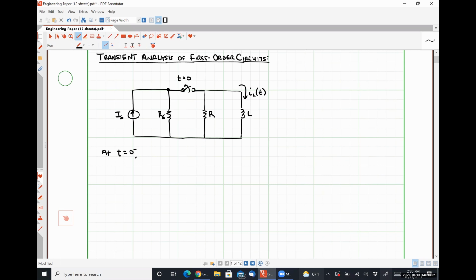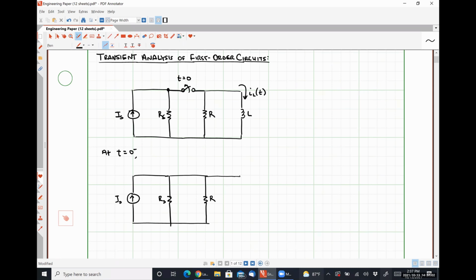And so we simply have that current source IS in parallel with that resistor RS, in parallel with that resistor R, and in parallel with that inductor L. So if we drew our circuit model for this specific point in time, it would look something like this. We have IS, like I said, in parallel with RS, in parallel with R, and it's going to be in parallel with that inductor too.